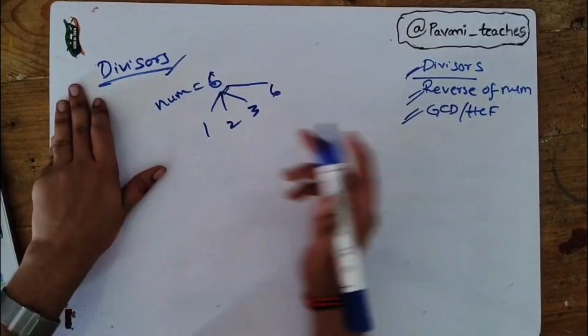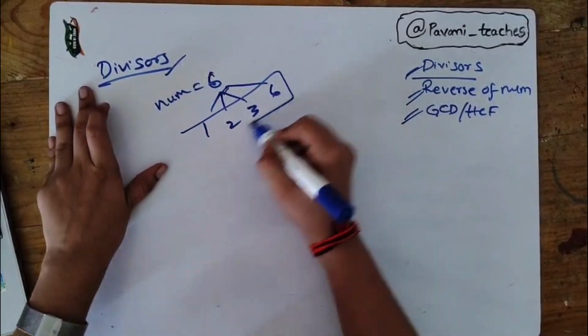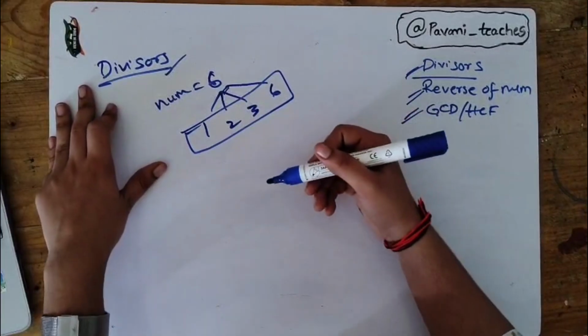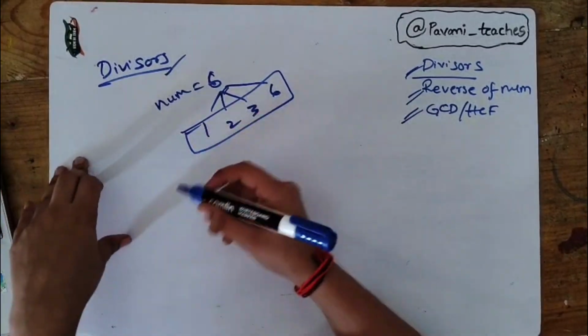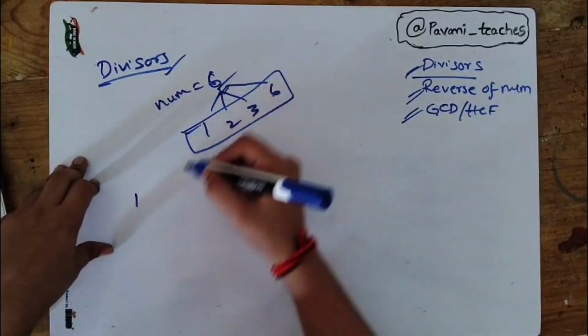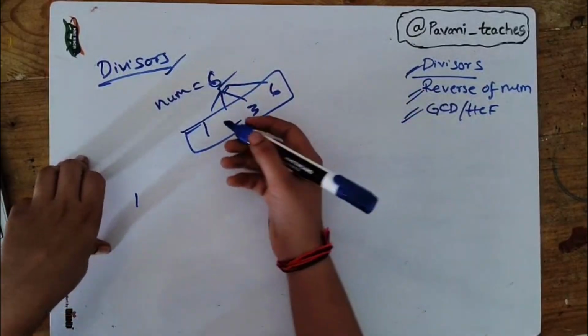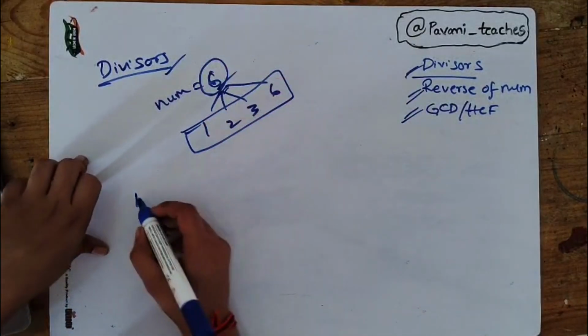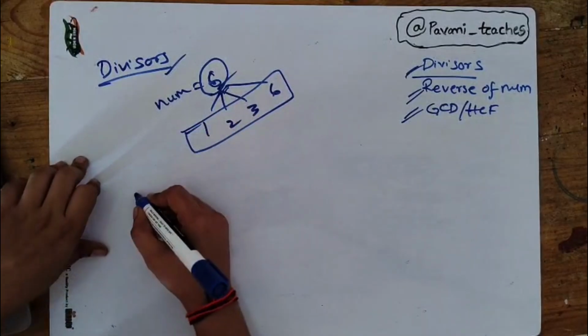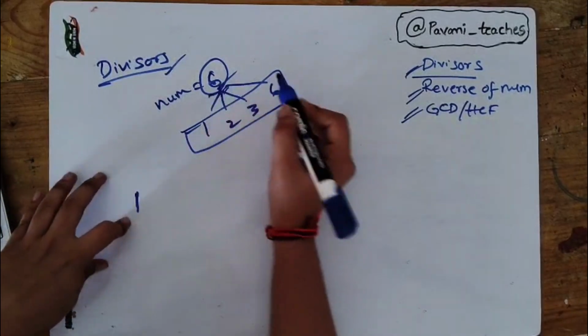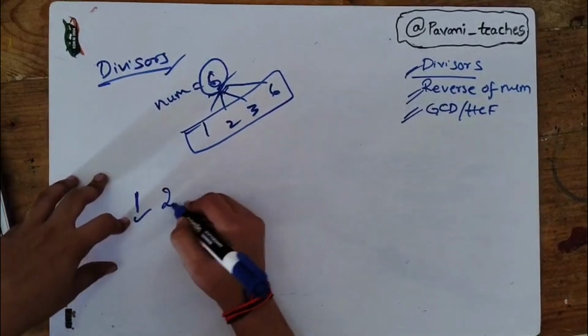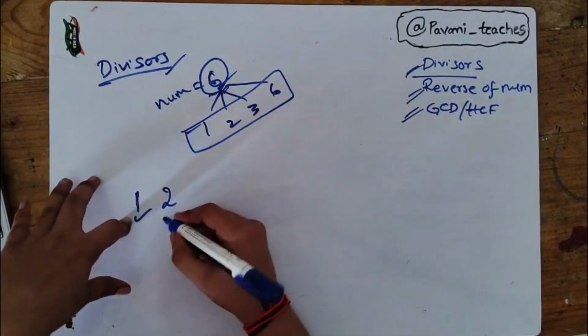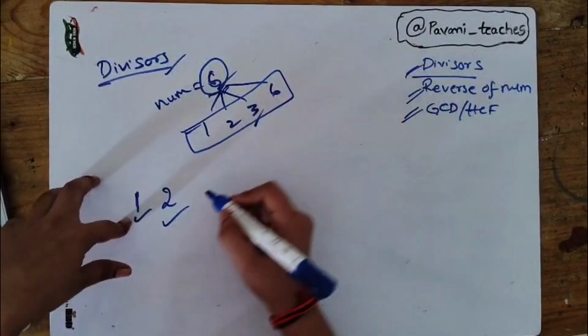Now to find these numbers, if we go with the brute force method, we have to check from 1 to 6, to see how many numbers exactly divide 6. Is 1 dividing 6? Yes, it is. Is 2 dividing 6?